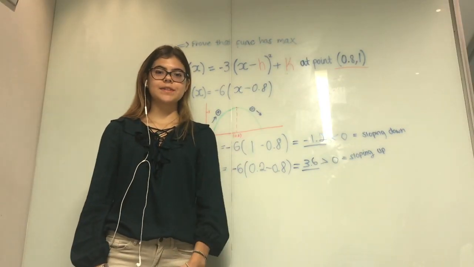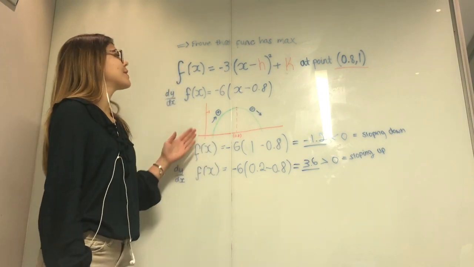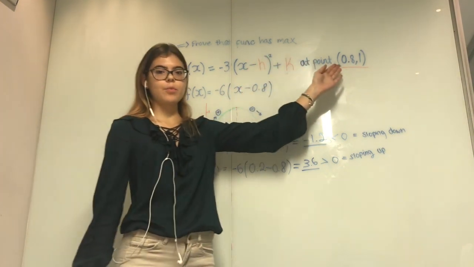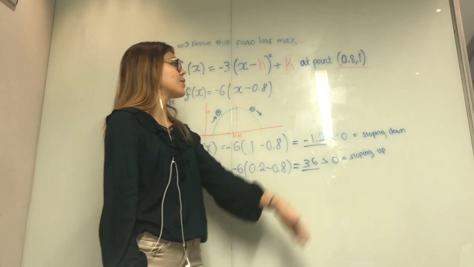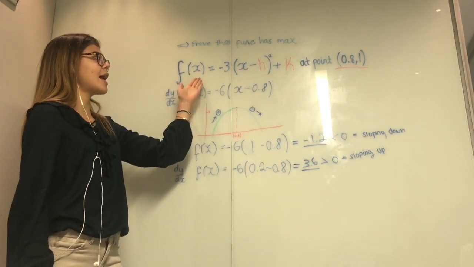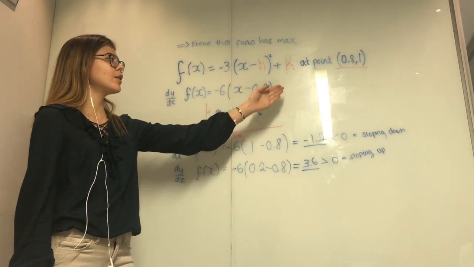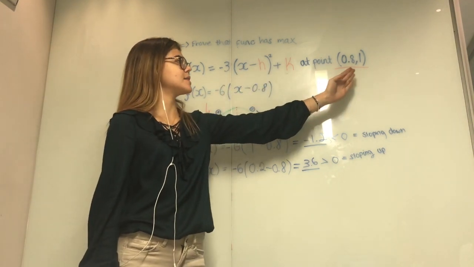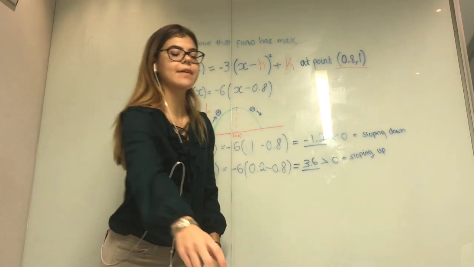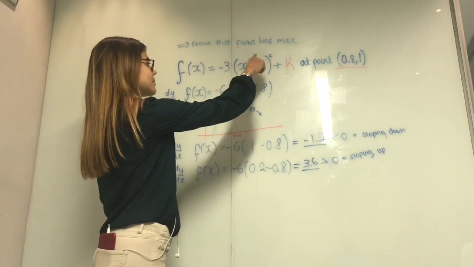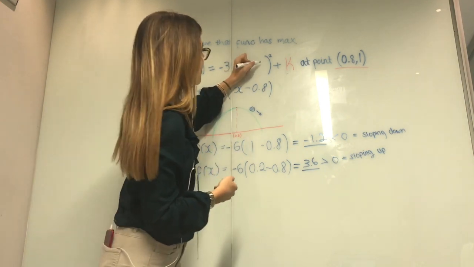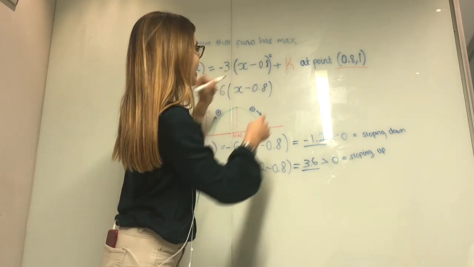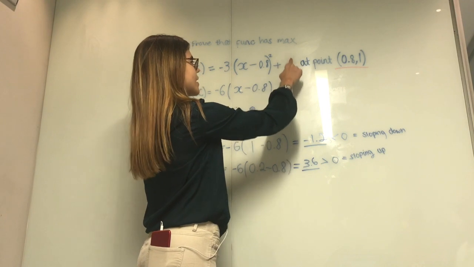Another one of the applications of the derivative is to prove that a given function with a given point has a local maximum or local minimum. In this case, we have been given this function at the point (h, k), which is (0.8, 1). So the first step that we would have to do is to replace h as the x-coordinate, 0.8, and k as the y-coordinate, 1.